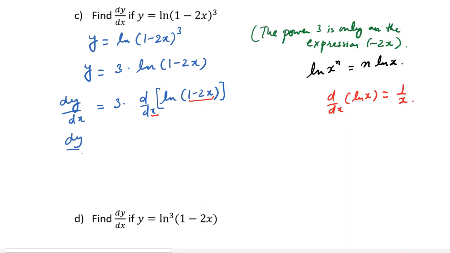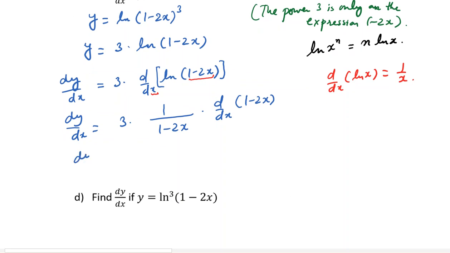So dy over dx is 3 times 1 over 1 minus 2x, but by the chain rule we need to take the derivative of the inside. The derivative of 1 is 0, and the derivative of minus 2x is minus 2. So overall we get 6 over 1 minus 2x as our solution to this problem.